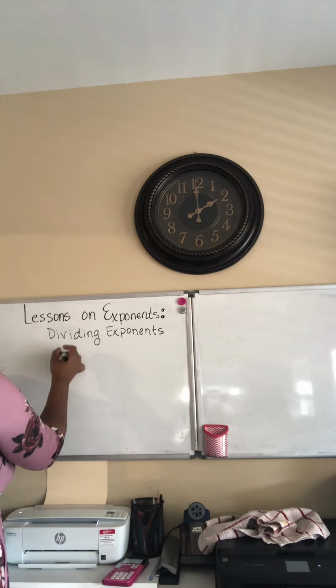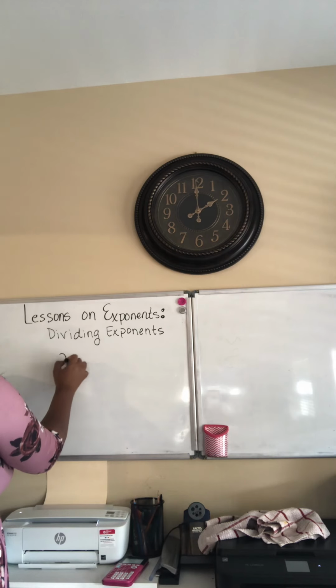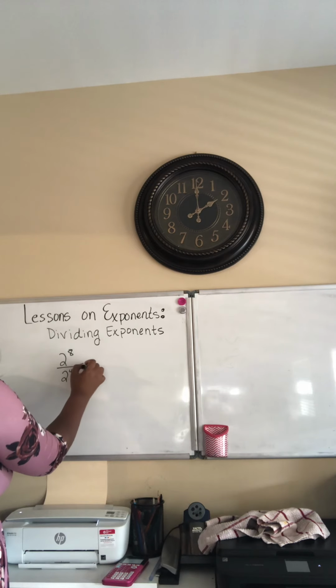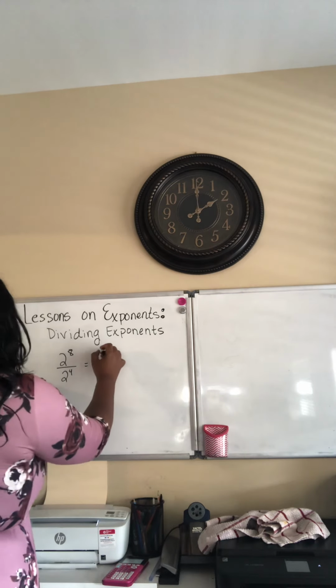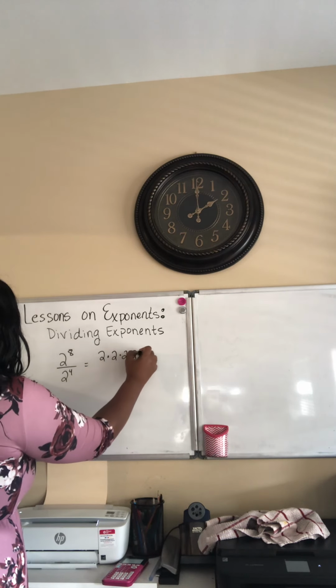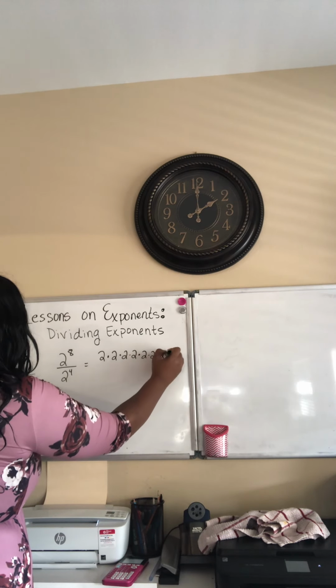Okay, so let's say we have 2 to the 8th power divided by 2 to the 4th power. Well, let's see what that means. So we have 2 times 2 times 2 times 2, 4, 5, 6, 7, 8.